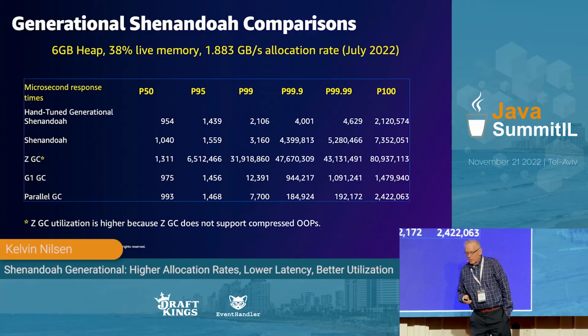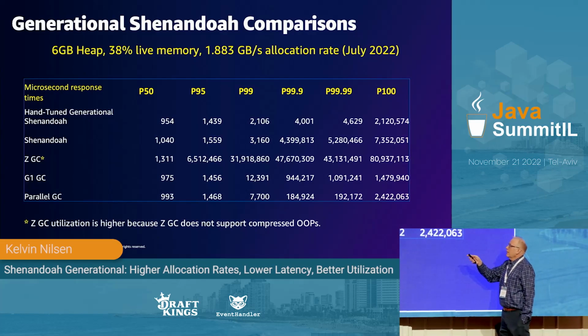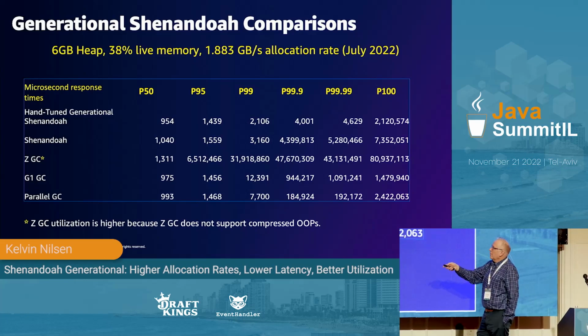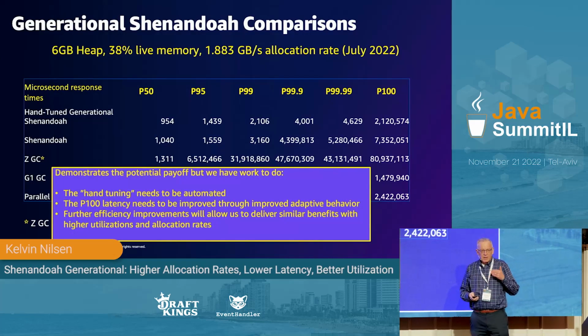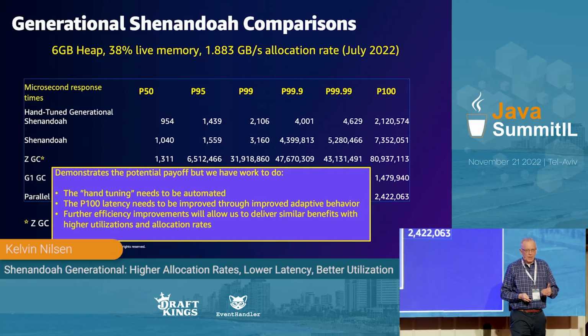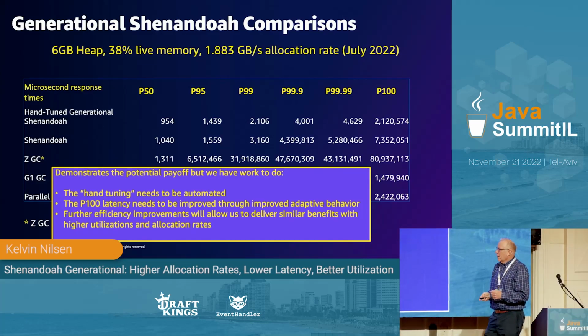And what's really nice here is to see that generational Shenandoah, when it's been hand-tuned, is significantly better than all the other technologies in P99.9 and 99.99. We still have a hiccup here we're not happy with, but I want to emphasize this shows the strengths and the potential of generational Shenandoah.